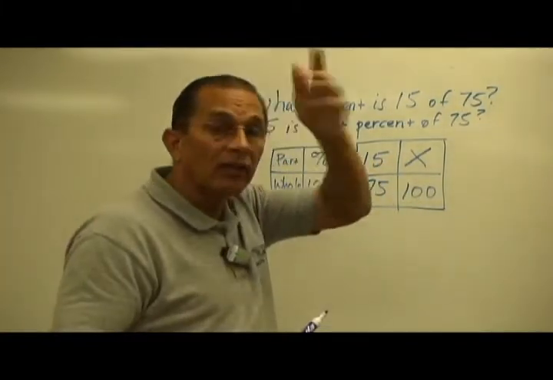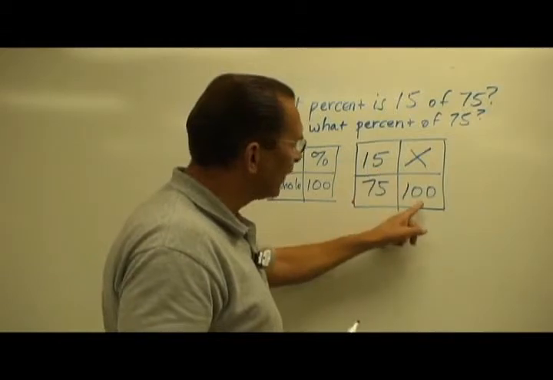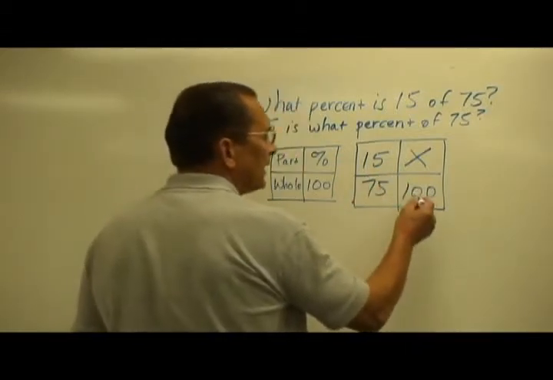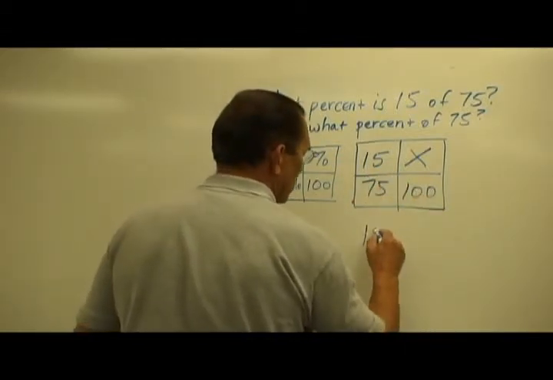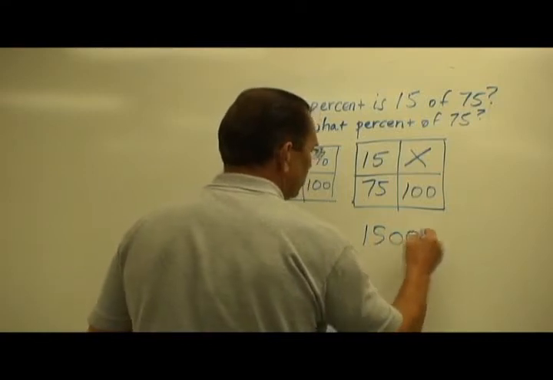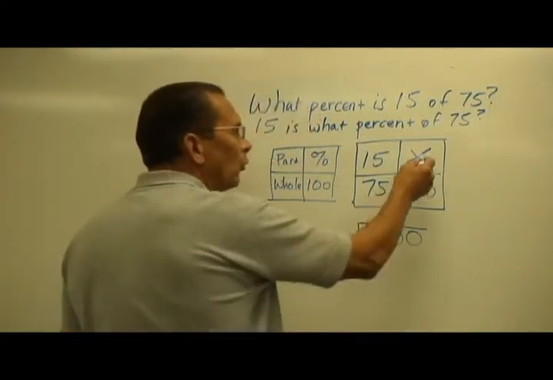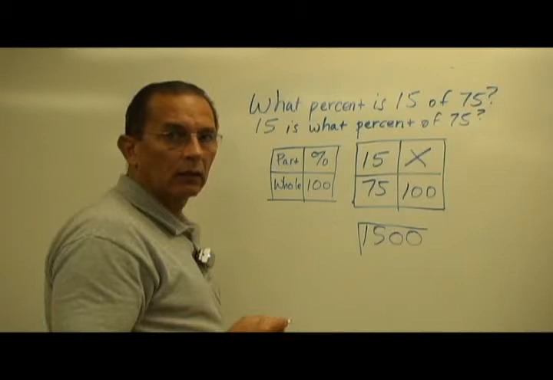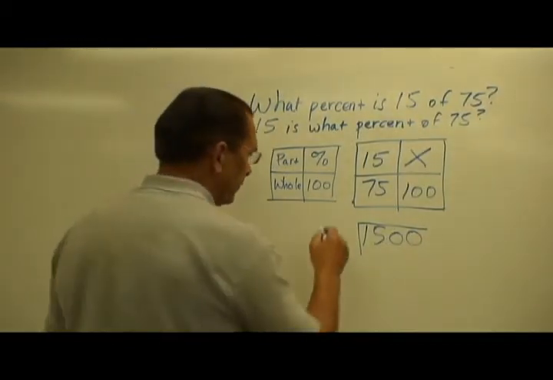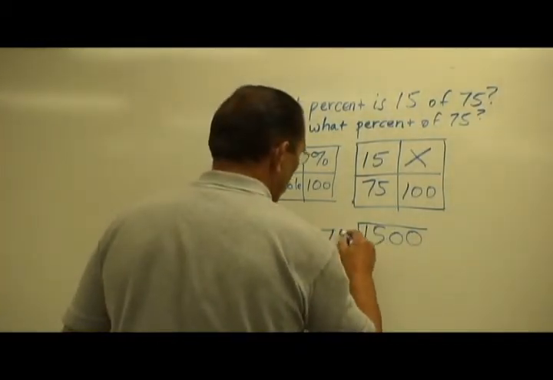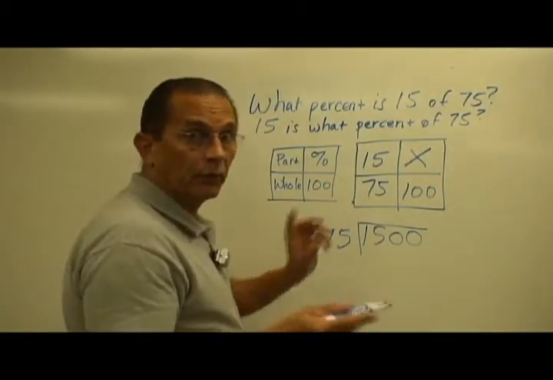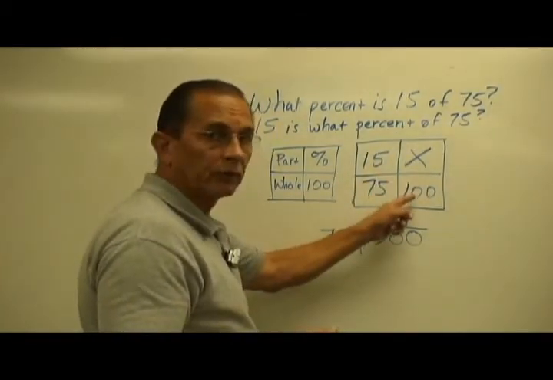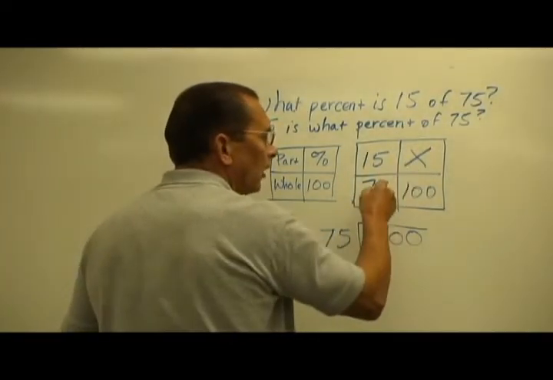Well, I think most of you know 15 times 100 is simply going to be 15 plus two zeros. 1500. We're now going to divide that by 75. Remember the formula. Multiply the two numbers across from each other, divide by the number across from the unknown.